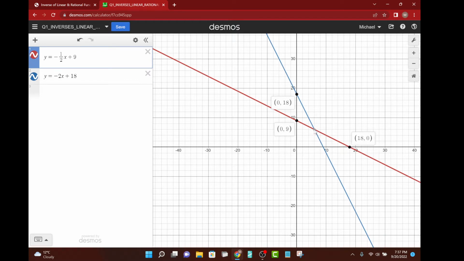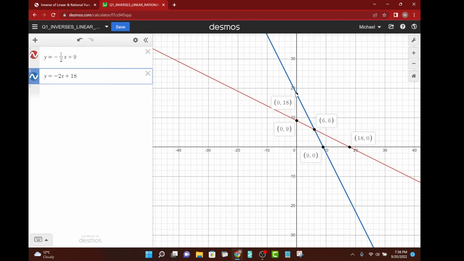Oh. Are you noticing any overlaps? Like, no, look at it. It's weird, right? So the original function is the red one. So it has a y-intercept of 9. The inverse function has an x-intercept of 9.